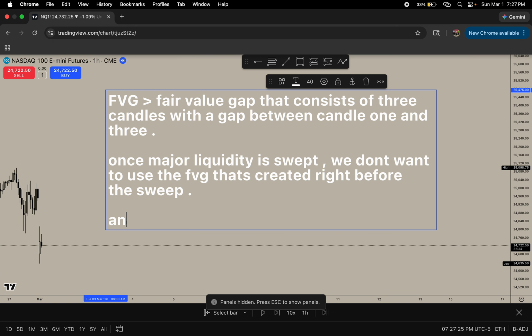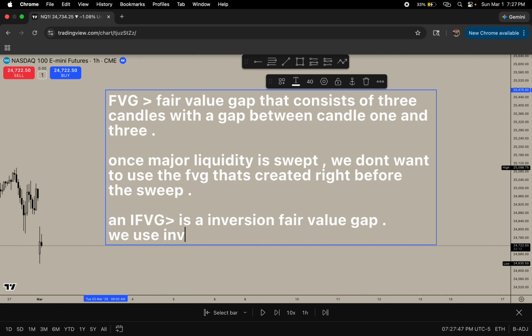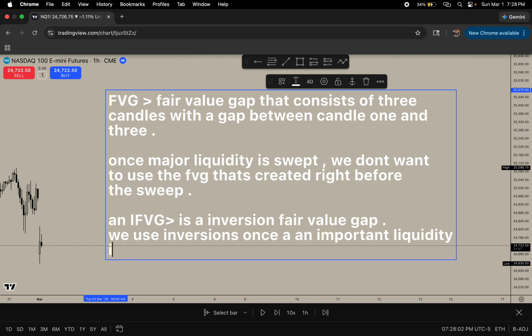Also, IFVG is an inversion fair value gap.